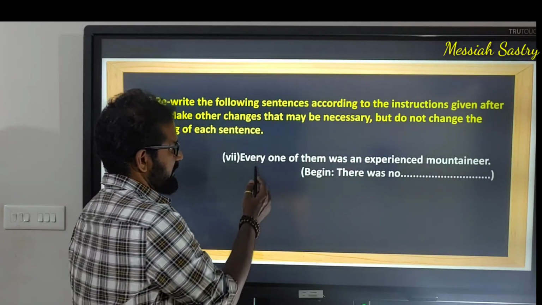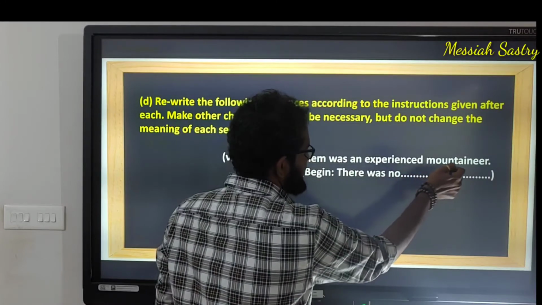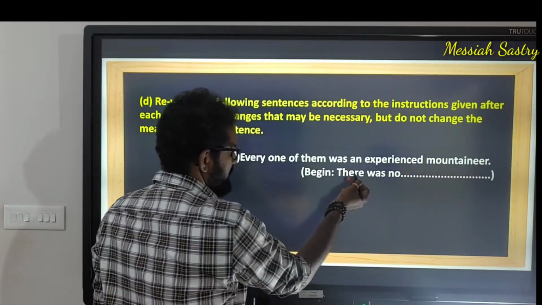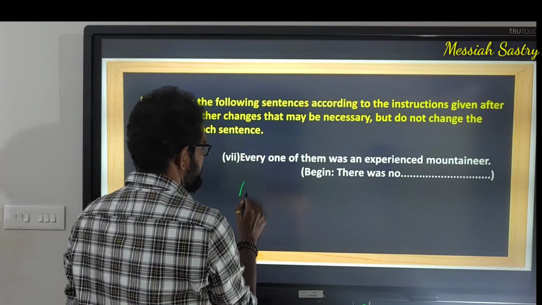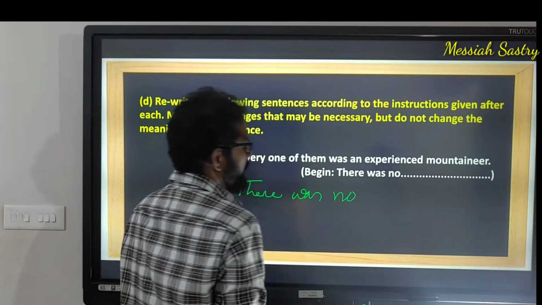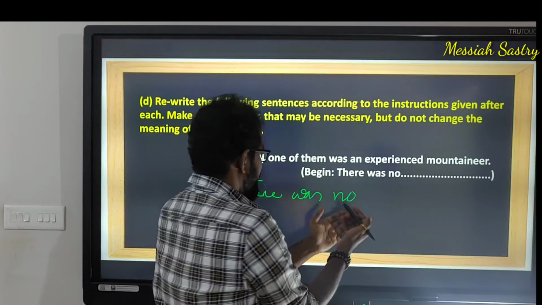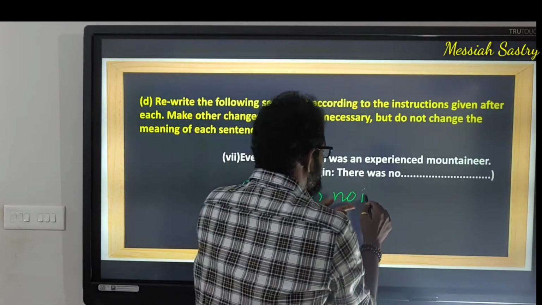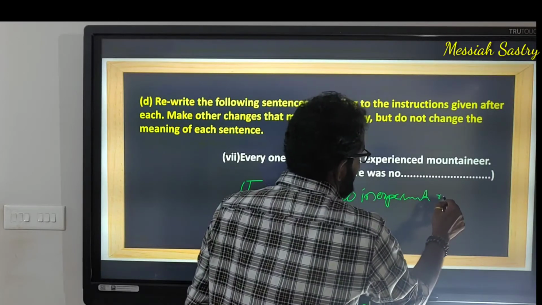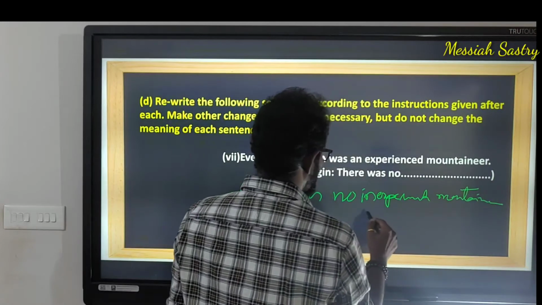Seven. Every one of them was an experienced mountaineer. Begin with there was no. This is very simple. There was no. He said everyone is experienced, which means there was no inexperienced mountaineer among them.